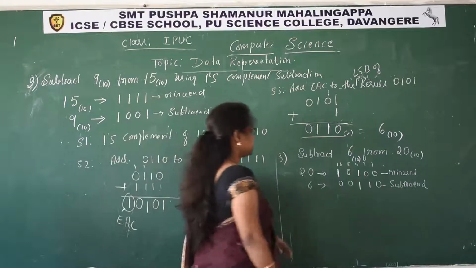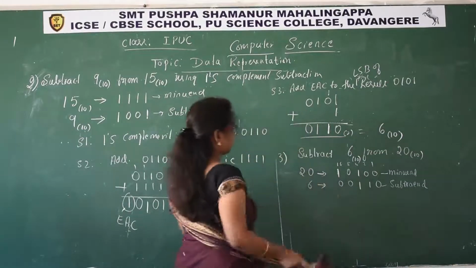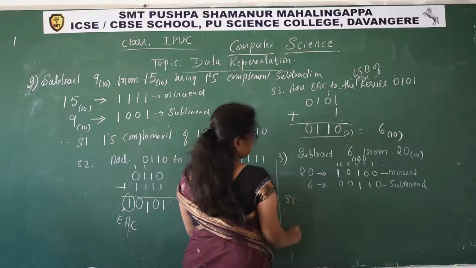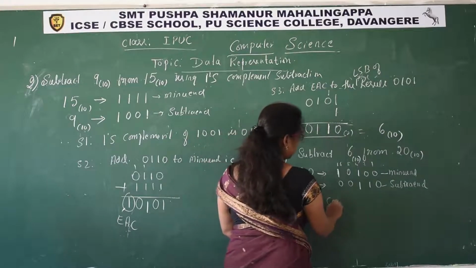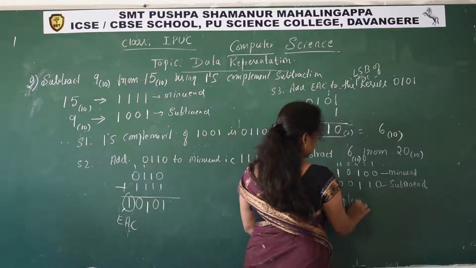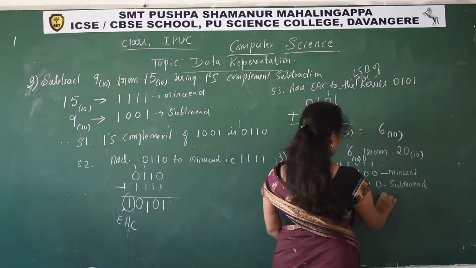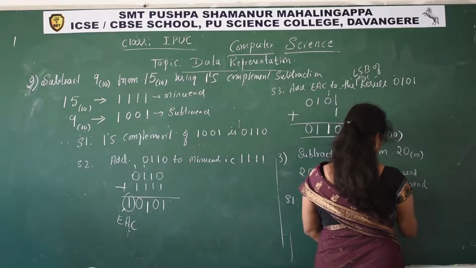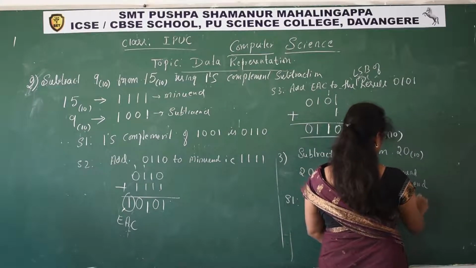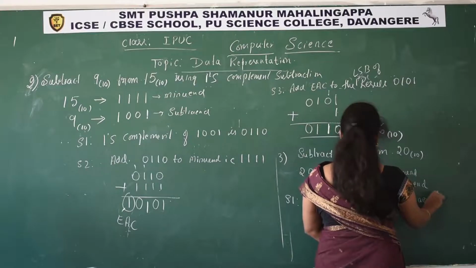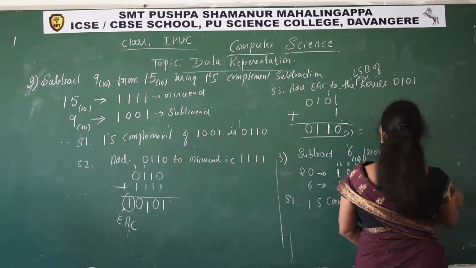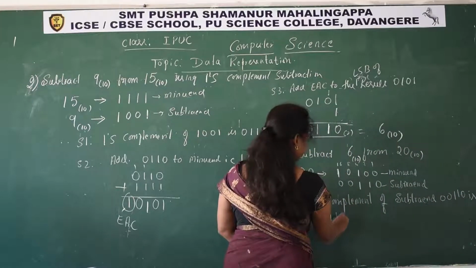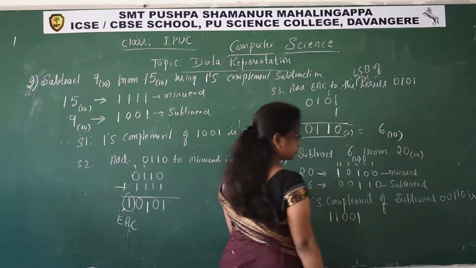Next, step 1: ones complement of the subtrahend. The ones complement of 0 0 1 1 0 is 1 1 0 0 1.